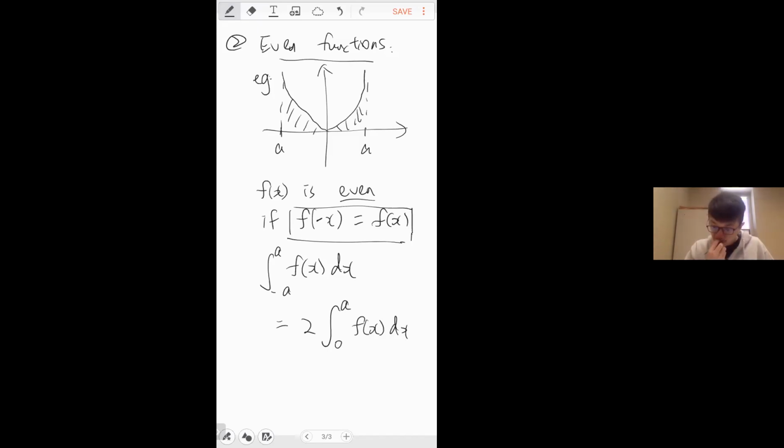That's because on both sides you have equal amounts of area.